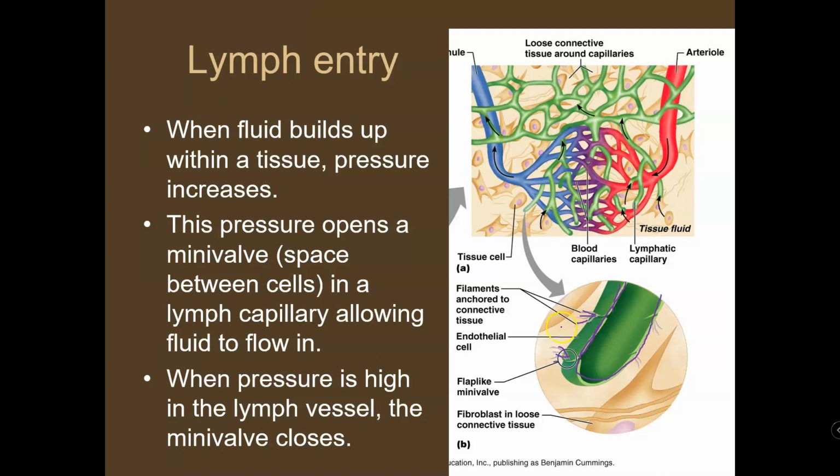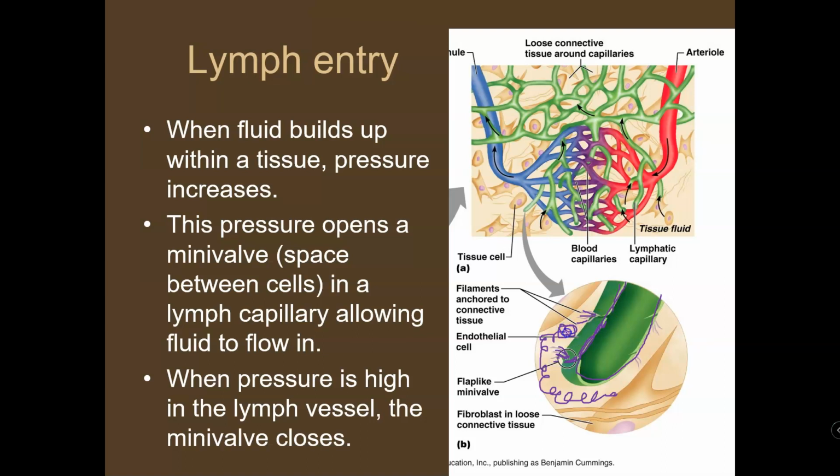Here's what that means. When the plasma starts to leak out of the blood vessels and we build up a bunch of interstitial fluid out here in between the cells, that pressure buildup is going to put pressure on this cell right here. Now, this side of this cell can't move because of all of these fibers, but this side of the cell can move because it's not anchored.